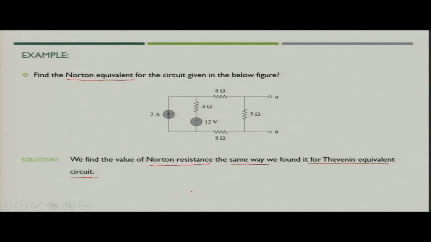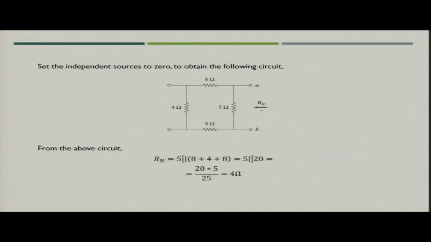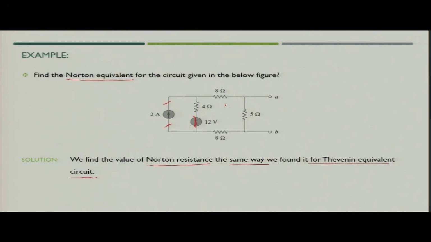That means we have to short circuit the voltage source and open circuit the current source. So, what would be the updated circuit? The updated circuit would look as shown in the figure, where the voltage source is short circuited and the current source is open circuited, and we are left with only the resistances.